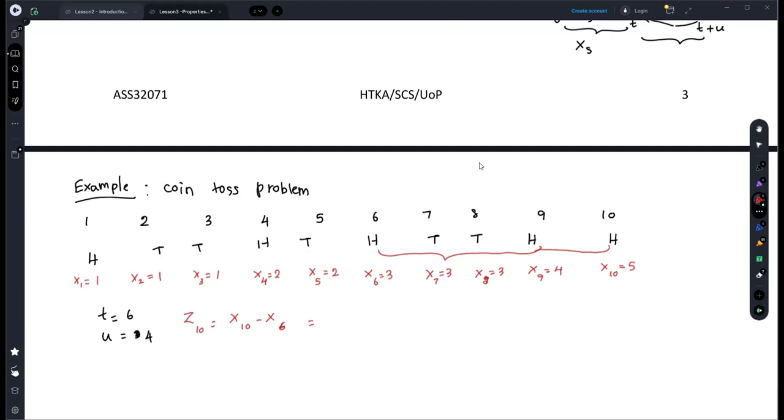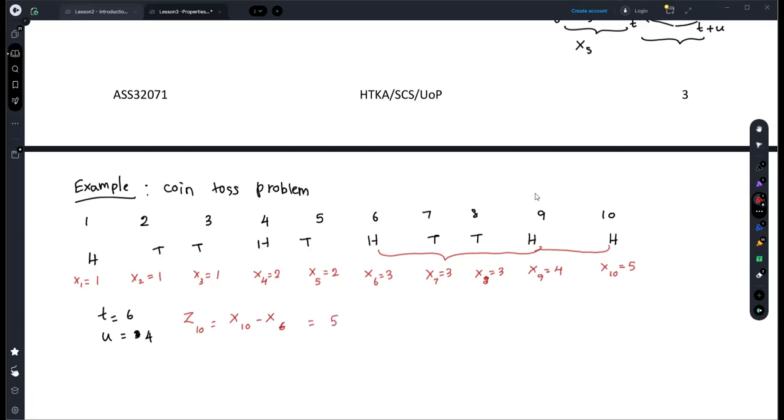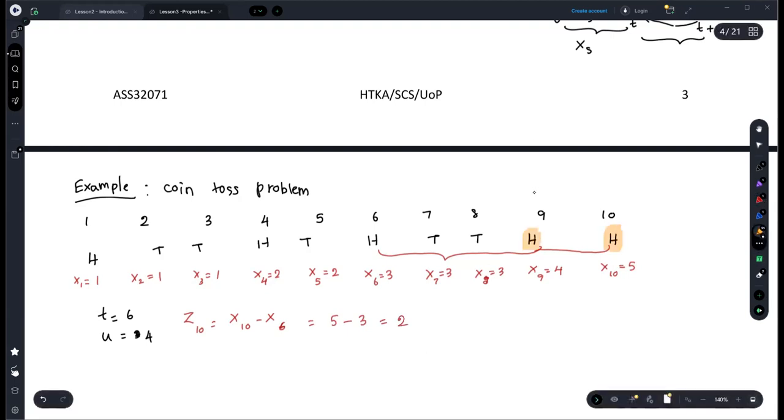X10 is 5, 5 minus 3, 2. So what are those 2 heads? These, right?